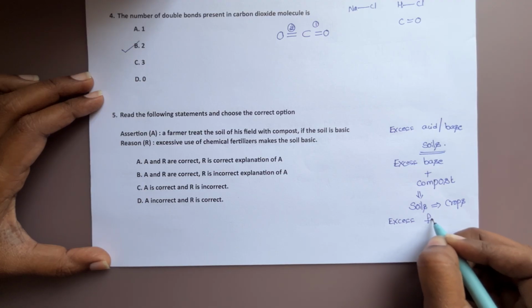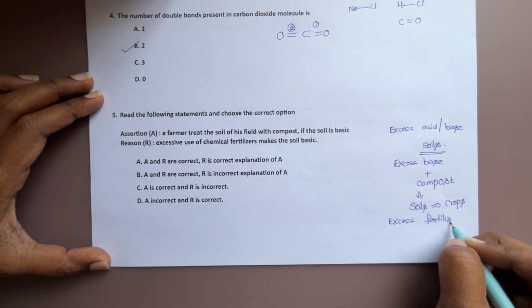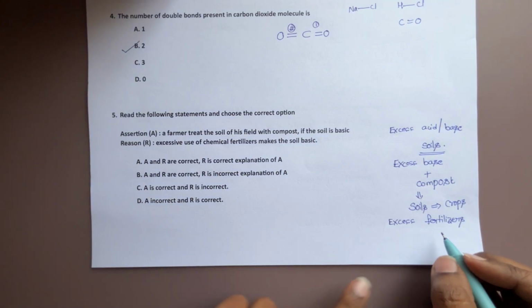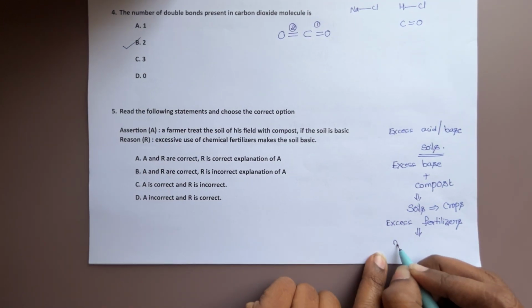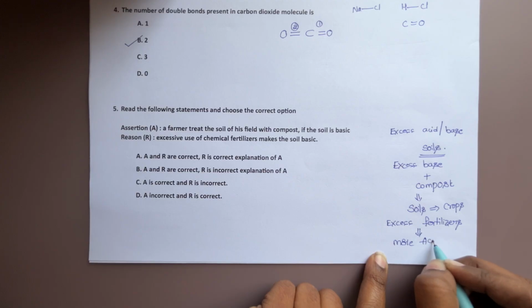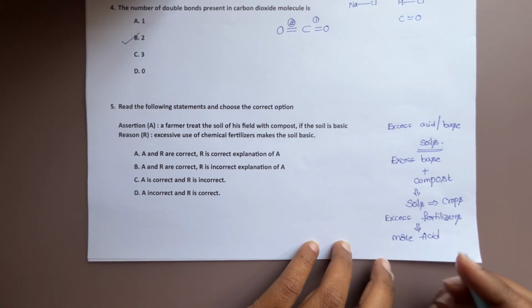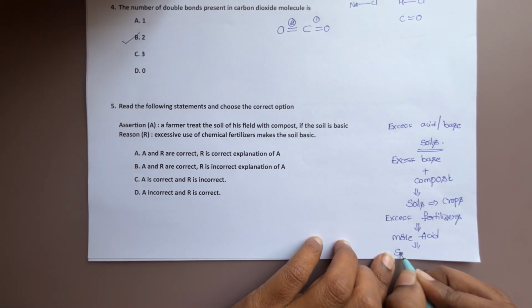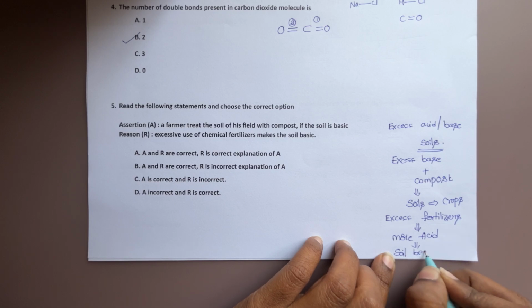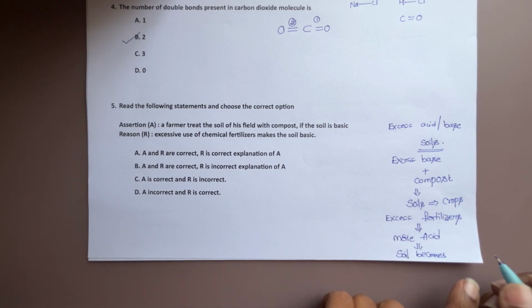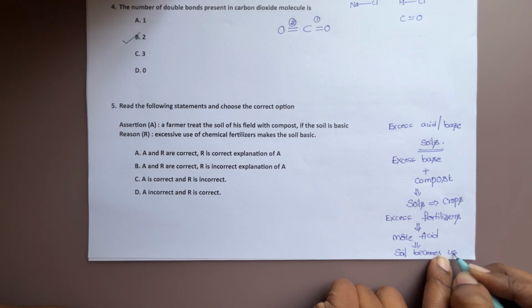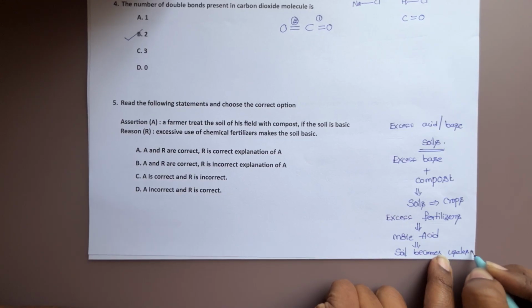Similarly, whenever we add excess chemicals or excess fertilizers, the soil becomes more acidic. I already told you, if the soil is too acidic, the soil becomes infertile and useless for crop production.